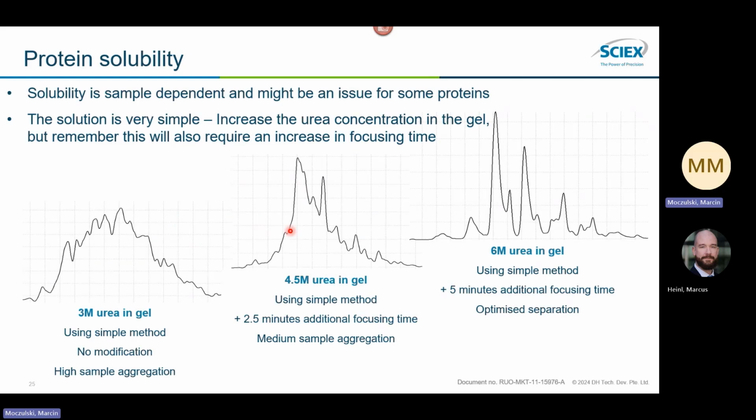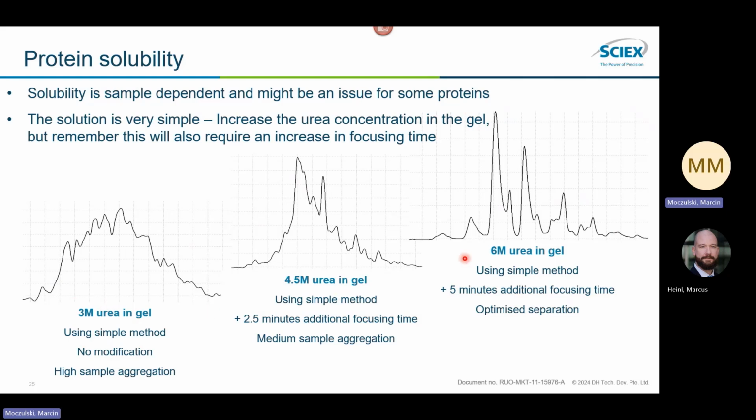This slide shows one of the experiments we made, and I had the possibility to participate in this experiment as well, in master classes we made many years ago in High Wycombe in the UK. We worked with proteins which, at a relatively low concentration of urea, still had a tendency to precipitate or create some kind of aggregates.